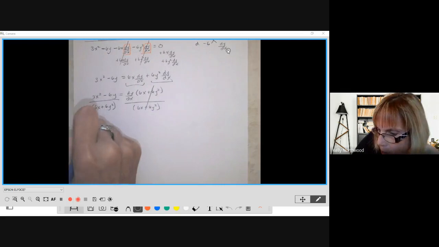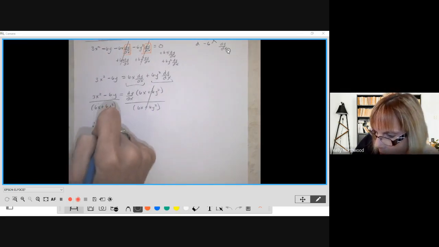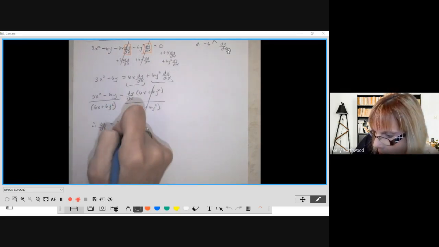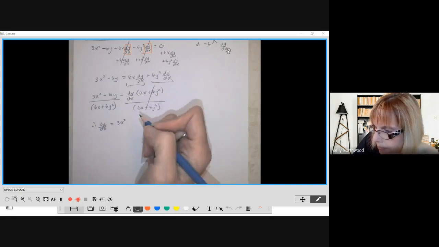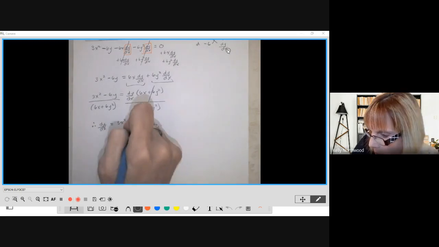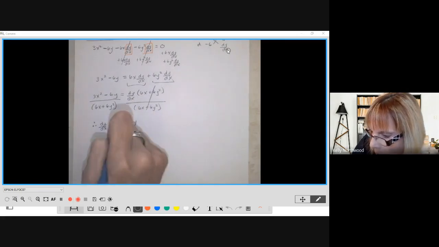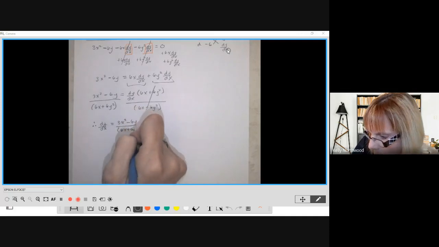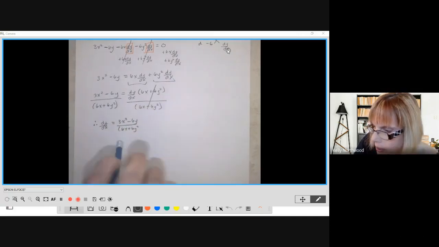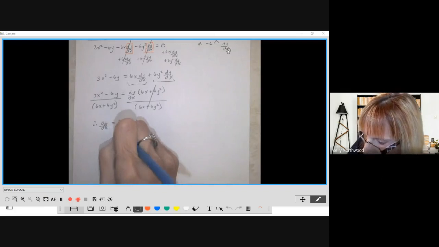So that means that dy/dx, the derivative, or the slope of the tangent, can be given by the formula (3x squared minus 6y) over (6x plus 6y squared). Oh, I guess I don't need brackets anymore on the bottom.